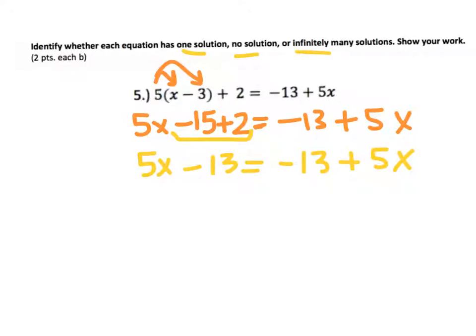Now this is interesting because both sides look very familiar or similar to each other. I want to get my variables together next. So I would cancel out 5x. Whatever I do to one side of the equals sign, I have to do to the other side. So this is interesting because that cancels out as well.